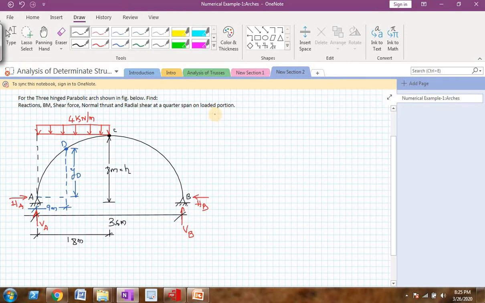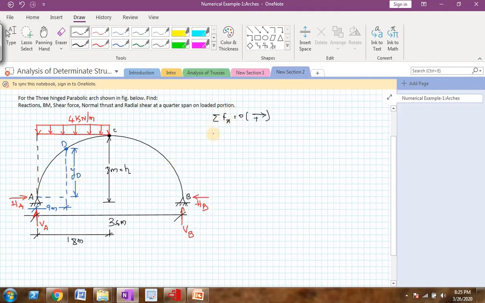First let me apply the first equilibrium equation, that is summation of Fx equal to 0, and my sign convention will be all the forces in this direction as positive. So in this whole arch there are only 2 forces which are in the x direction, only they are HA and HB.